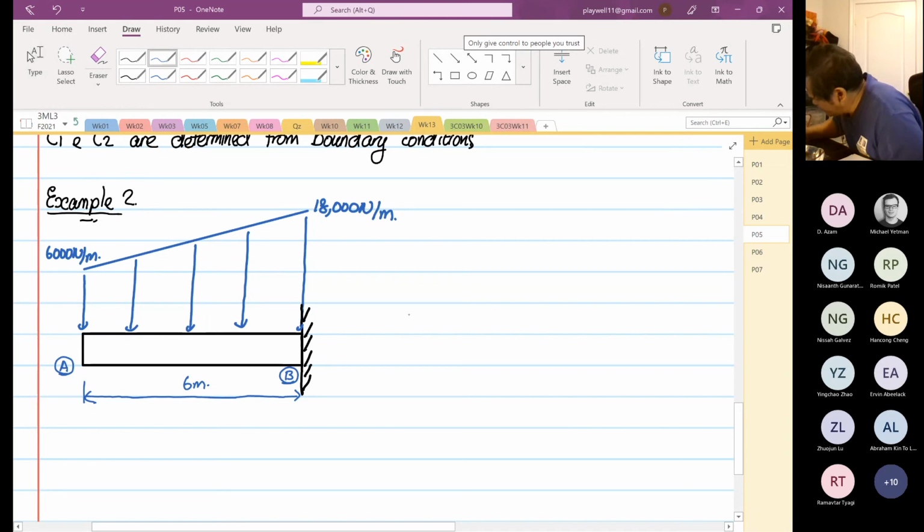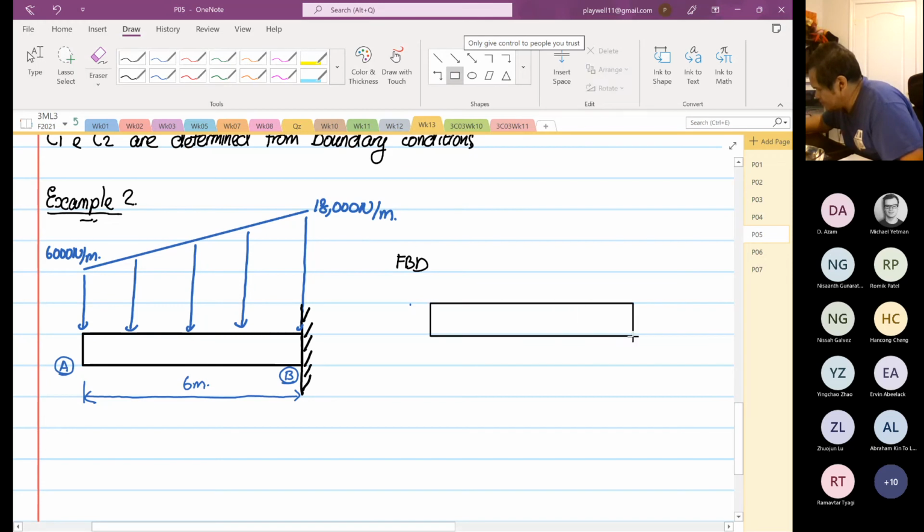Okay, so if we were to form the free body diagram, right? So we will have, okay, we know that there is a force up here, By.